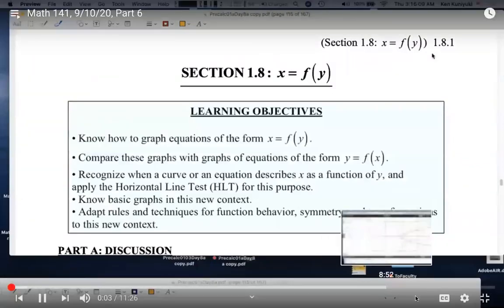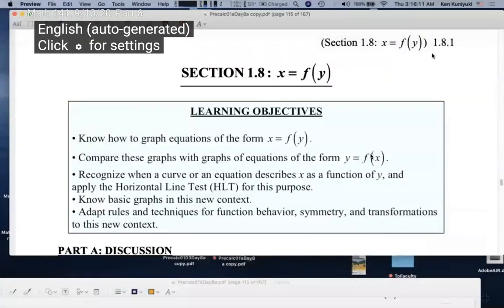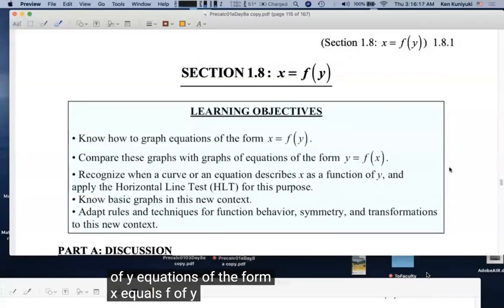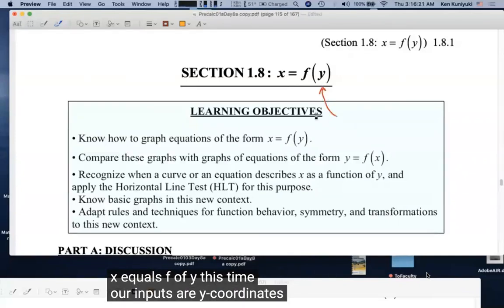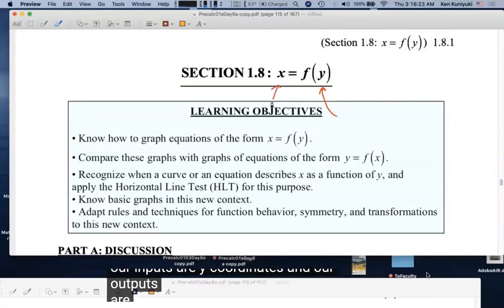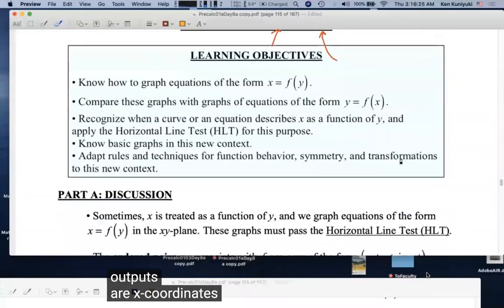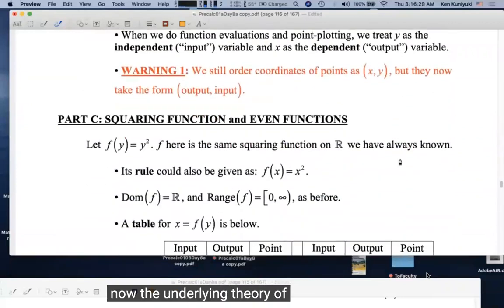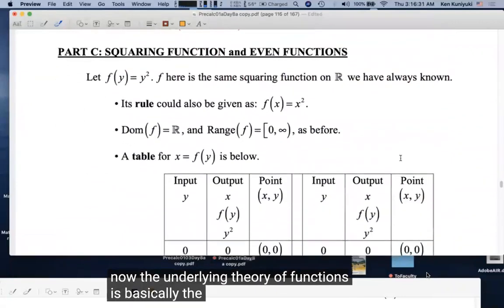Hi, everyone. All right, what if we have x as a function of y? Equations of the form x equals f of y. This time, our inputs are y coordinates and our outputs are x coordinates. Now, the underlying theory of functions is basically the same.